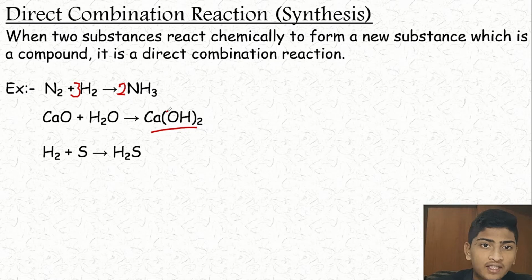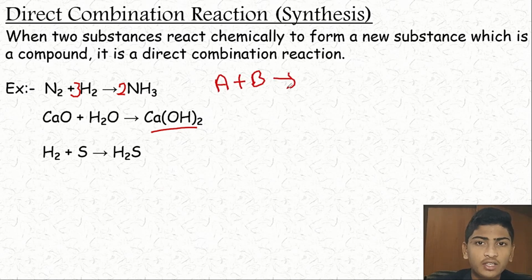Here Ca and OH taken twice. Next, H2 plus S gives rise to H2S. These are direct combination reactions. It is very simple to remember: A plus B gives rise to C is direct combination reaction.